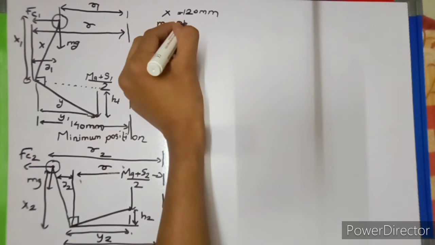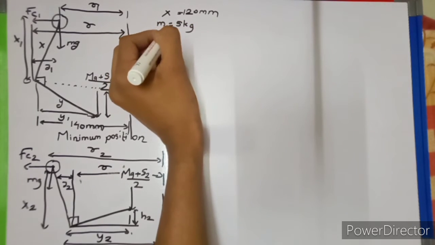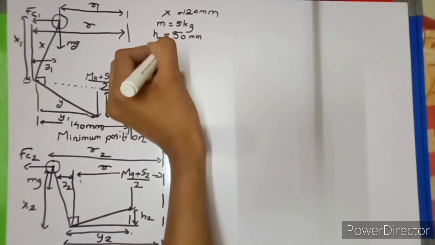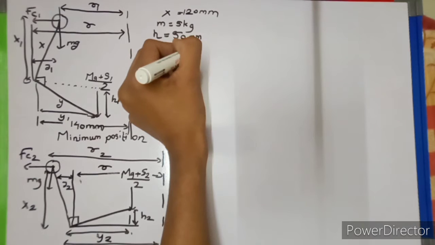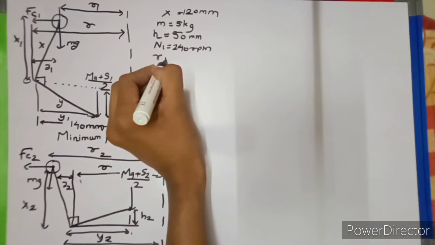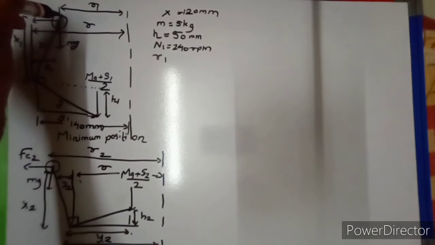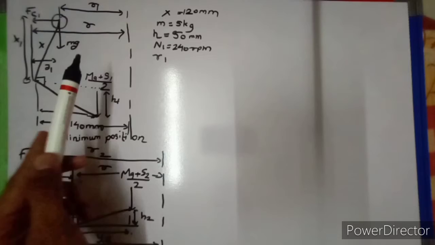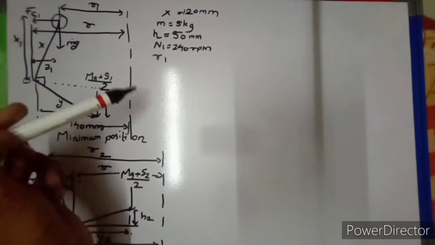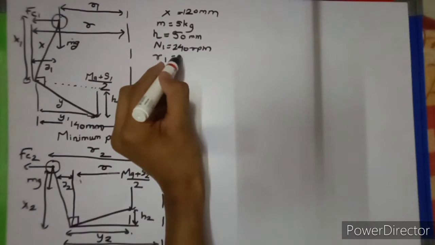Mass of ball was 5 kg, sleeve lift was 50 mm, N1 was 240 rpm, and R1, that is the radius of the ball path, the distance from the governor axis to the ball path, is equal to 110 mm.